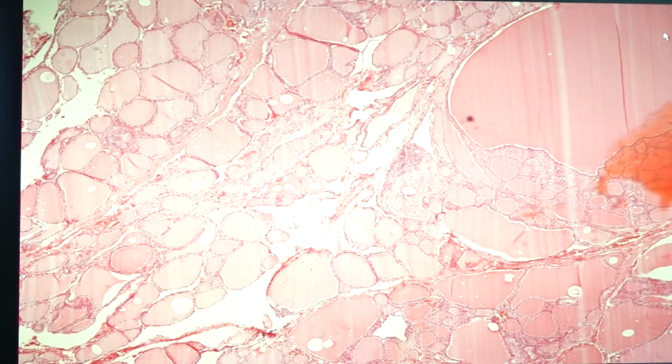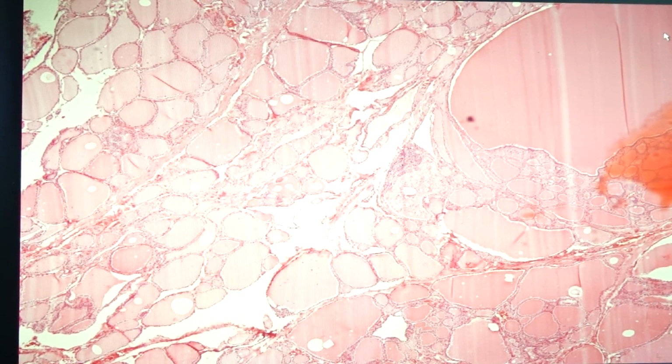And then endemic goiter would be associated with iodine deficiency in the area, so usually they are in the highlands. And because of the iodine deficiency, there's a tendency to cause TSH stimulation with resulting hyperplasia of the thyroid follicles and hypertrophy.